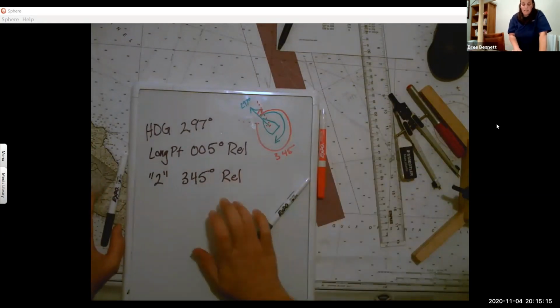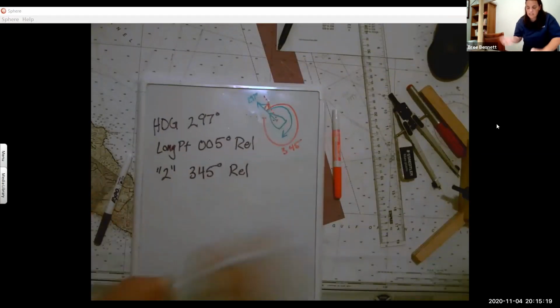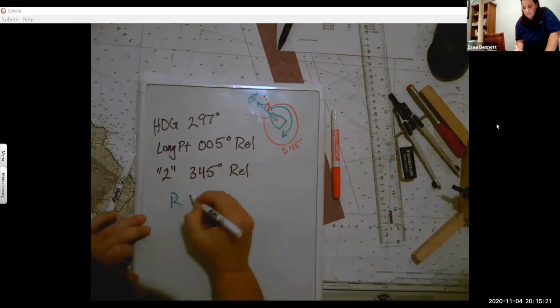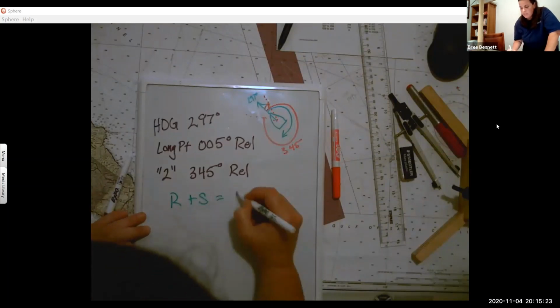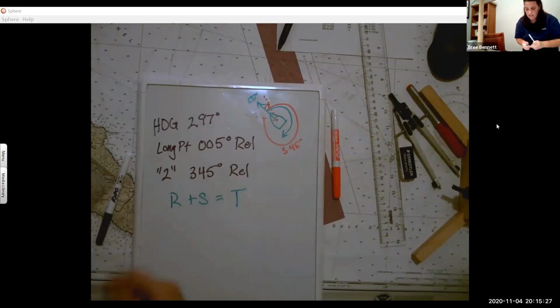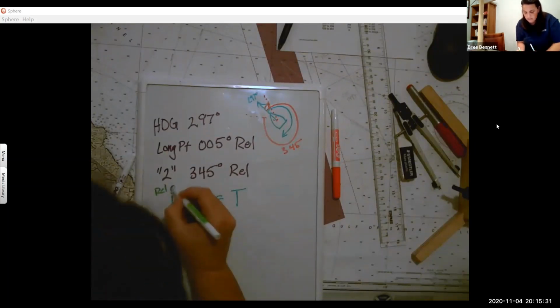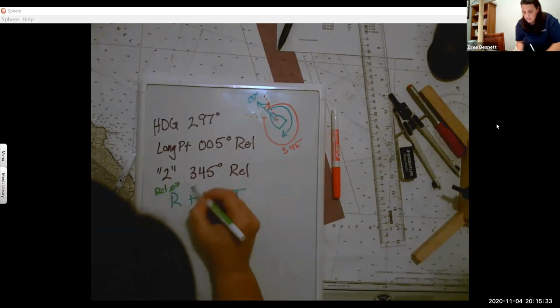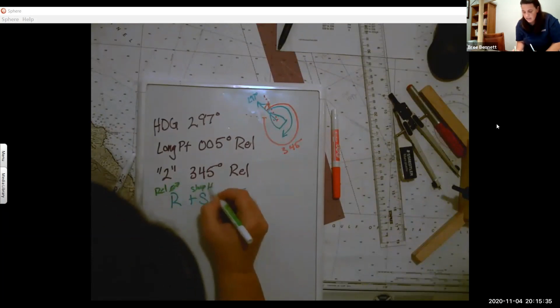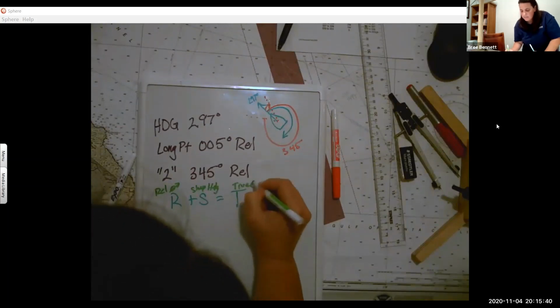So in order to plot these two LOPs, we need to get them in true so we can plot them on the chart. Now, my rule of thumb for this is R plus S equals T: relative bearing plus your ship's heading equals the true bearing.